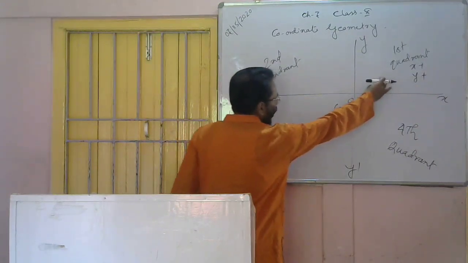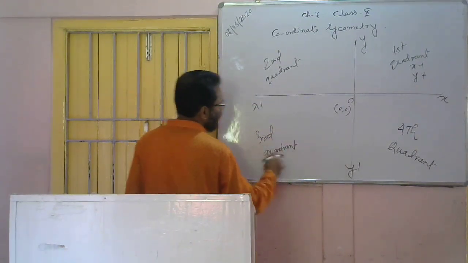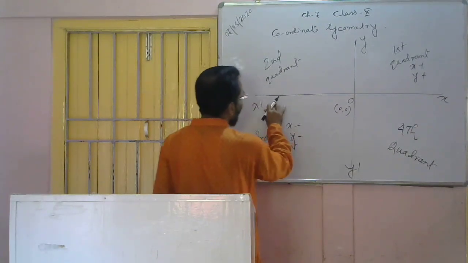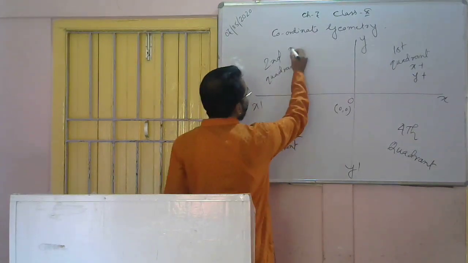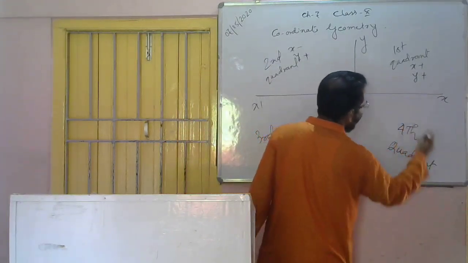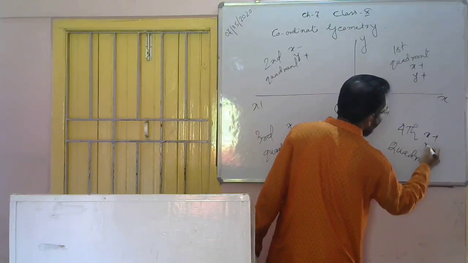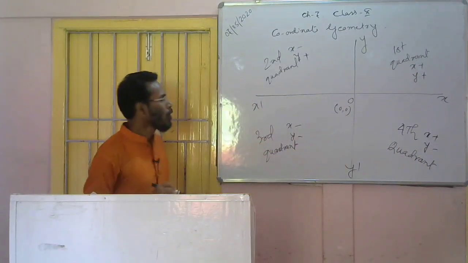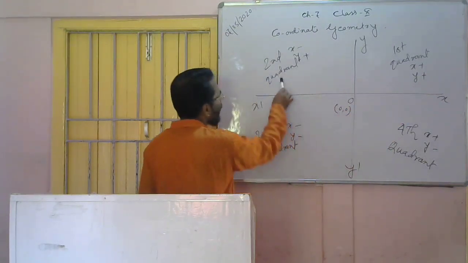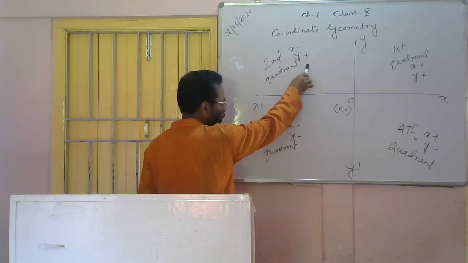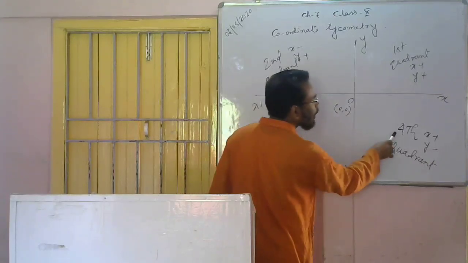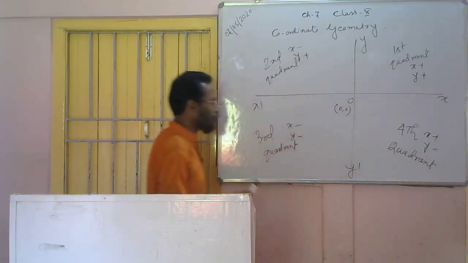Opposite to this, in the third quadrant, x is negative and y is negative. In the second quadrant, x is negative and y is positive, and in the fourth quadrant, x is positive and y is negative.